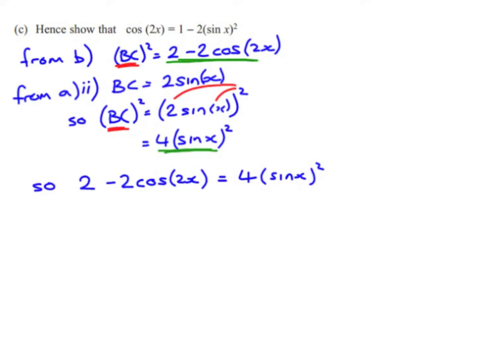Now we can see this is quite close to what we're aiming for. To get there, the first thing I'm going to do is divide everything by 2. And when we divide by 2, we don't divide the angle by 2. The angle doesn't change. But the coefficients all get divided by 2. We're then going to add cos 2x to each side.